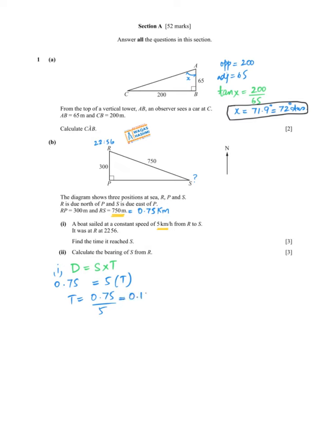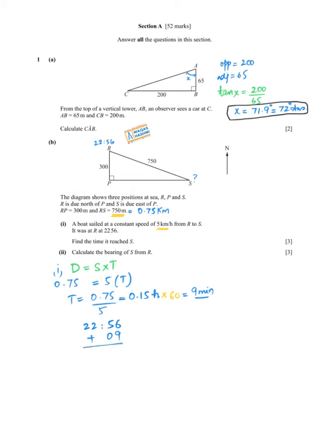Now that 0.15 is basically hours, right? If you need to convert that hour into minutes, you need to multiply it by 60. And if we multiply by 60, you get the value of 9 minutes. That means after 9 minutes, it reached the point S. So 22:56 plus you need to add 9 minutes.